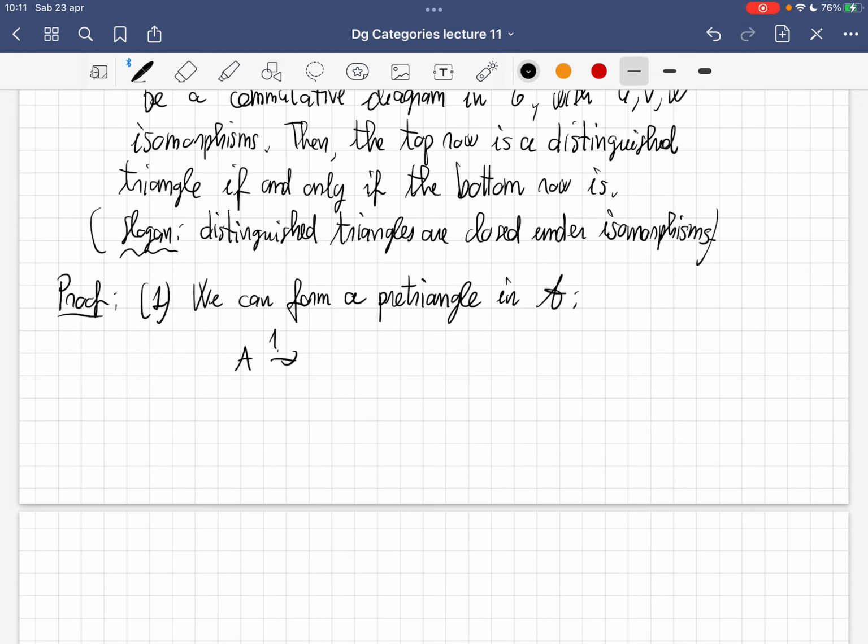You take the identity, now it's really the strict identity, not just the cohomology class of the identity, and then you take the cone of the identity. I think we actually already used at some point in the previous lecture cones of isomorphisms, at least in the DG modules, they are contractible.